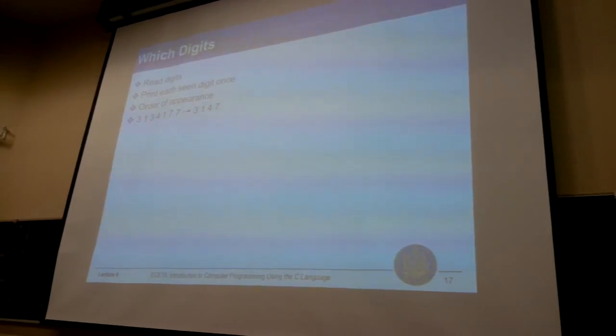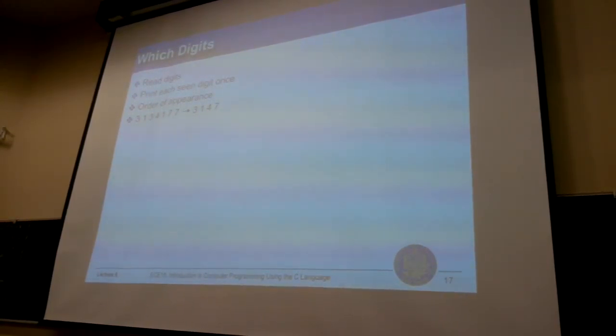What we want to do is only print out the digit once, but in its order of first appearance, right? So 3, obviously 1. We skip this next 3 because it's already been printed out. Then we print out 4. We skip 1 because it's already been printed. We print out 7, but we don't print 7 again because it's already been printed.